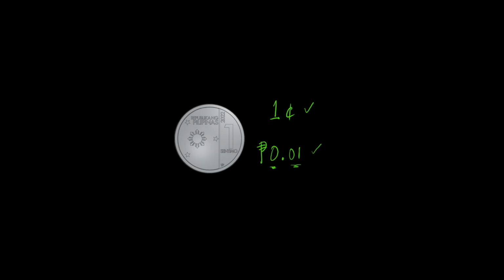Now, what if we have 100 pieces of 1 centavo coin? Let's try to check if it's really 100 pieces. We have 10, 20, 30, 40, 50, 60, 70, 80, 90, 100.